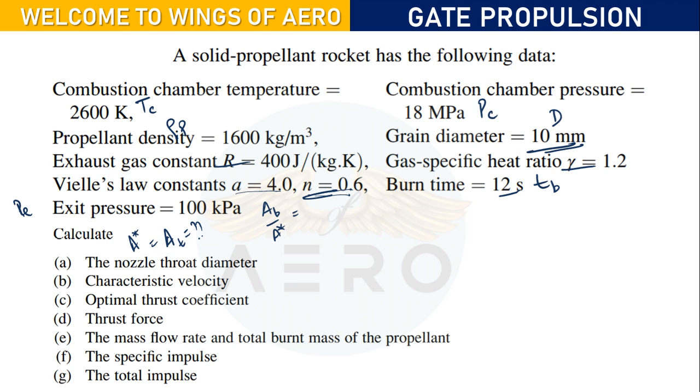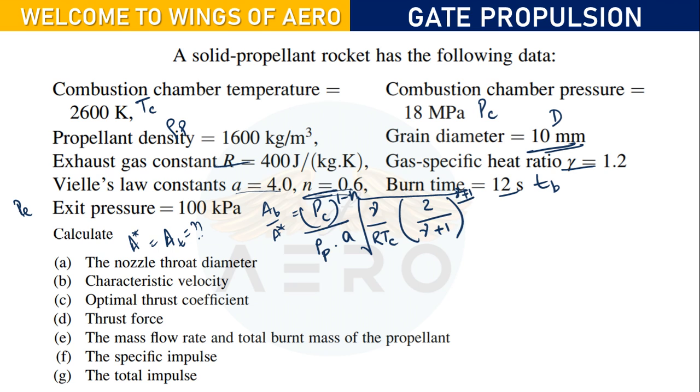So substitute in the formula, that is PC power 1 minus N by rho P into A, into square root of gamma by R TC, 2 by gamma plus 1, power gamma plus 1 by gamma minus 1, right? This was the formula. So using this you can find this AB value.